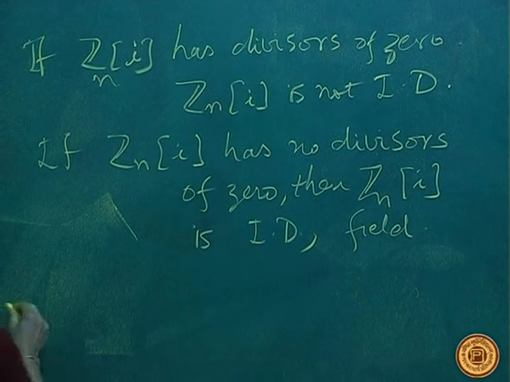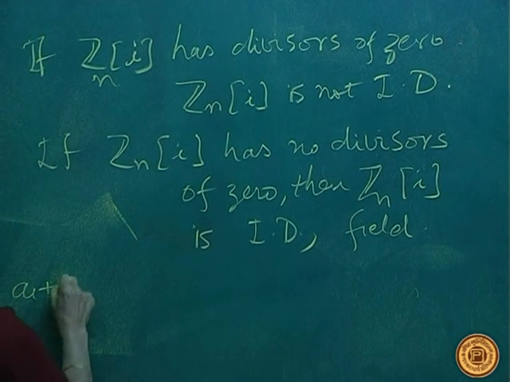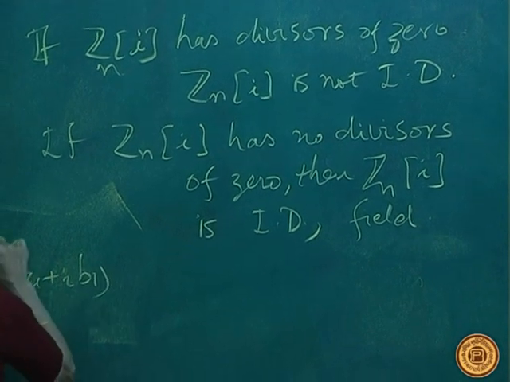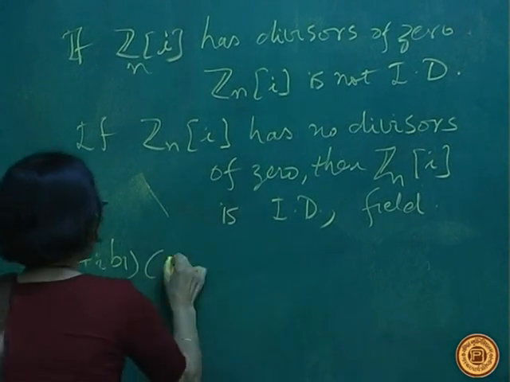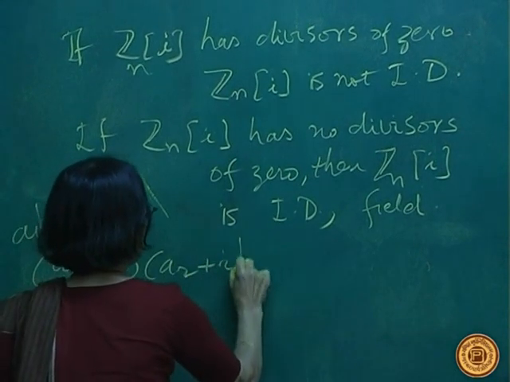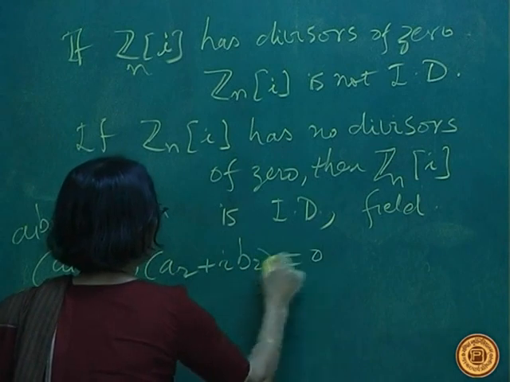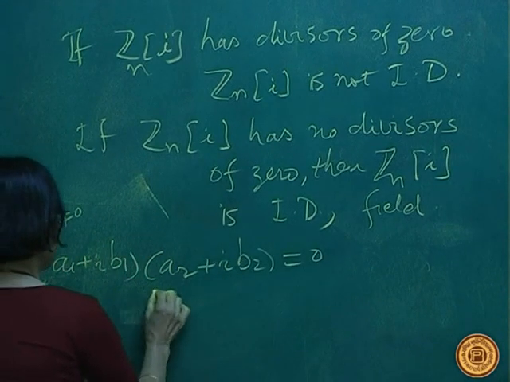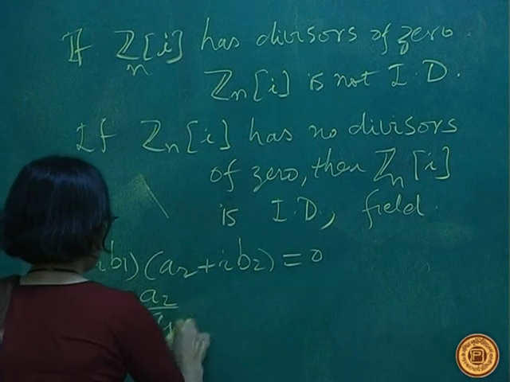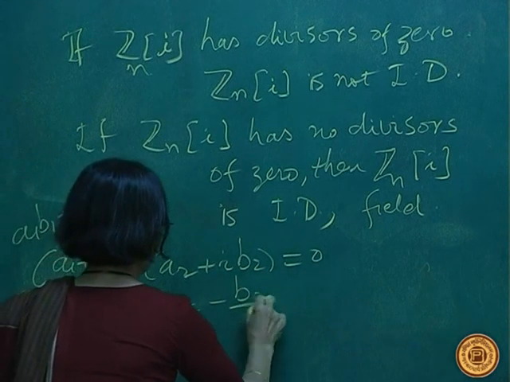So consider a1 plus ib1 with a1, b1 not equal to 0 to be annihilated by another element a2 plus ib2 equal to 0. Then the usual things are obtained.